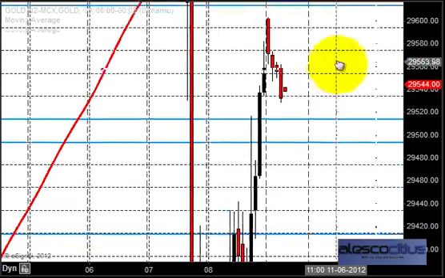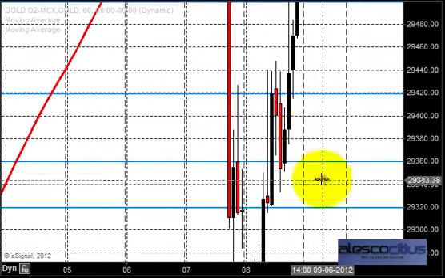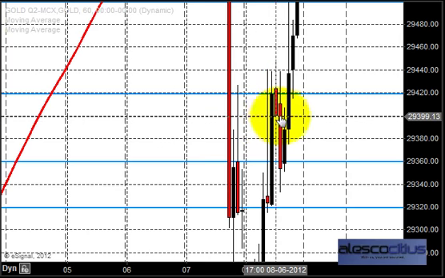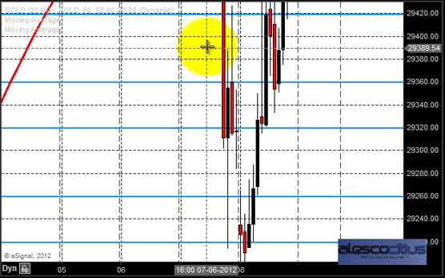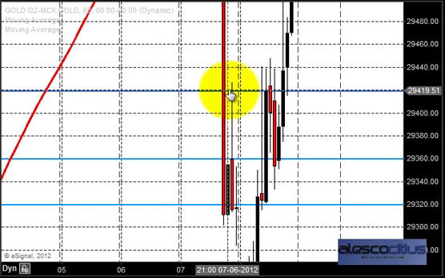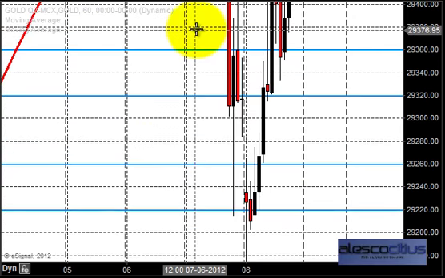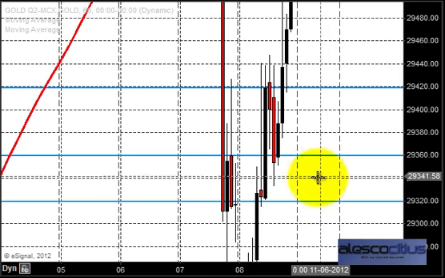So this is what happened on Friday. It gave a complete recovery apart from this portion of the trading session, 29,420. On Thursday the market showed some resistance around 29,420, and again the market pushed down. So that exactly repeated.